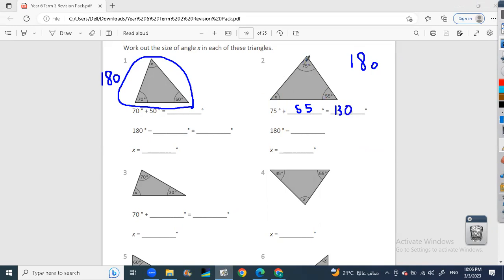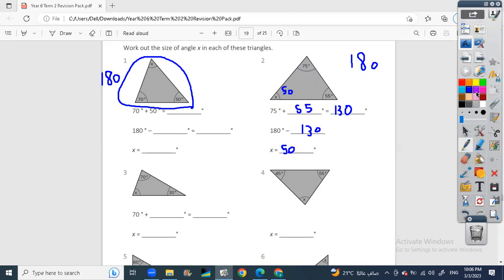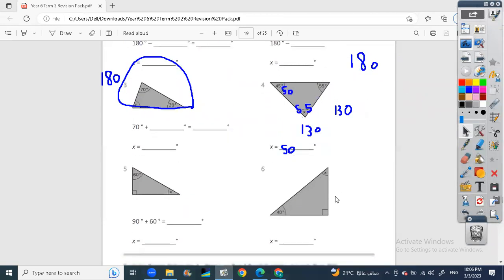Then I'm going to take 130 away from 180 and it will give me x. So 180 minus these 2 angles together will give me x. 180 minus 130 is 50 degrees. So x is 50 degrees. If you want to make sure that you're right, add 50 plus 75 plus 55, which gives you exactly 180 degrees. And it's the same thing with the rest of the questions over here.